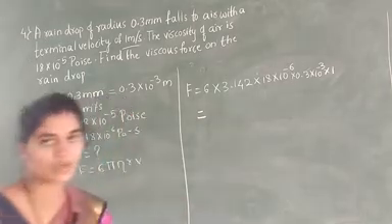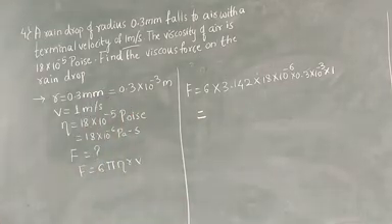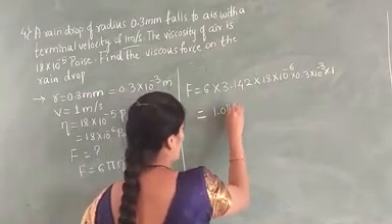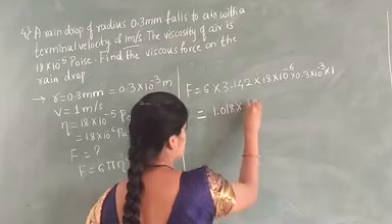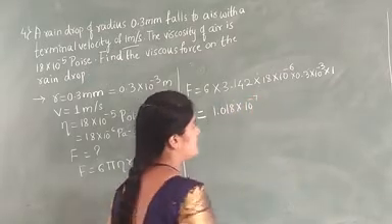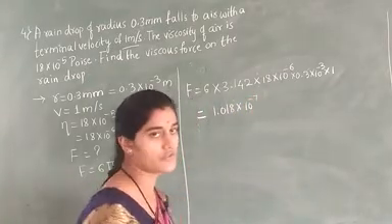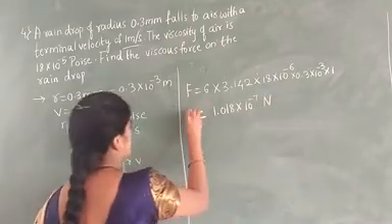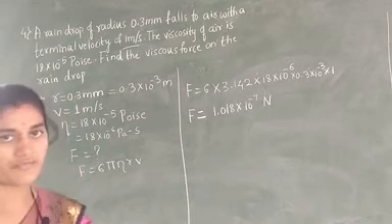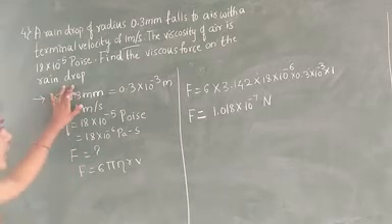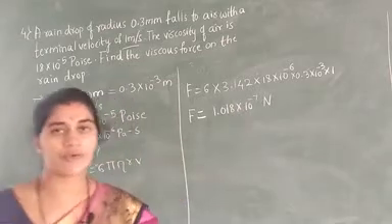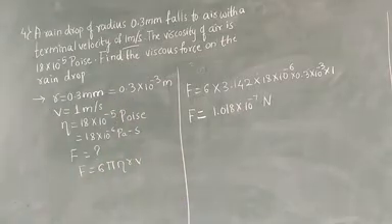Now in the calculation part of F, we are getting the answer as 1.018 into 10 raised to minus 7. The SI unit of force is the Newton, and therefore the viscous force on the raindrop is F is equal to 1.018 into 10 raised to minus 7 Newton.